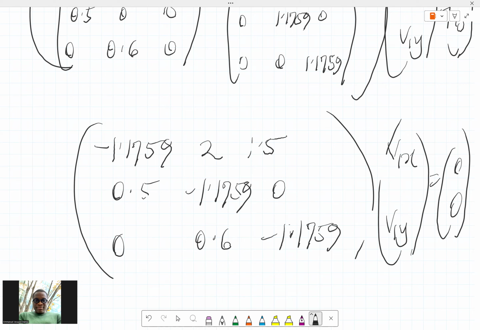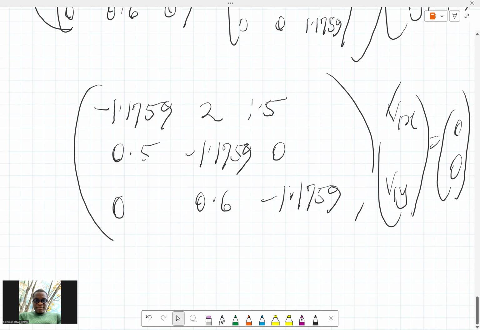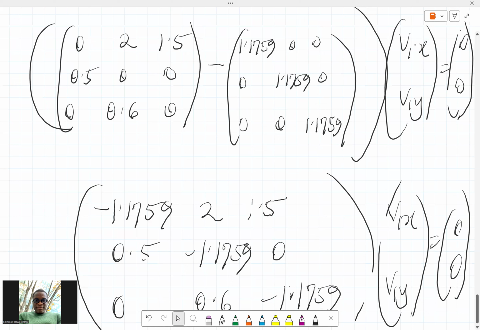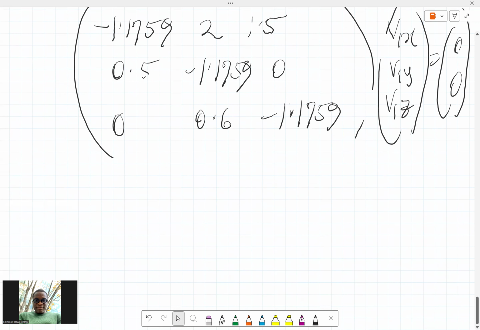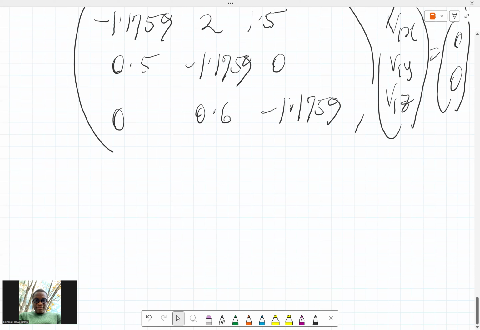We have three things here, so this should be V1x, V1y, and V1z, and the same for the other vector. We can do all of that, and at the end of the day we are going to get the eigenvector.